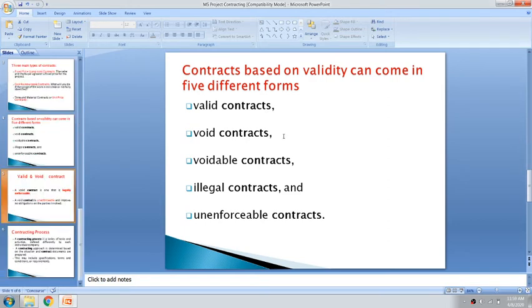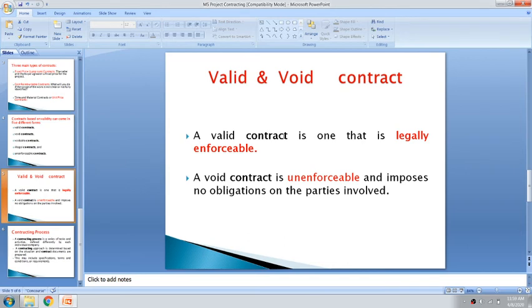So what is a valid contract, and what is a void contract? When you say a contract is valid, the simple meaning is that the terms and conditions of the contract are legally enforceable.